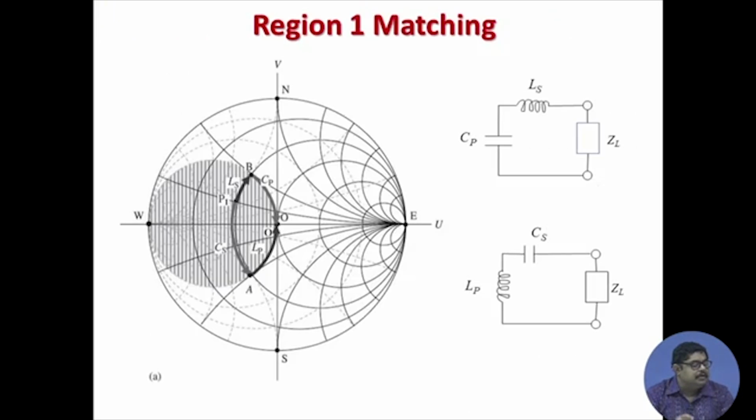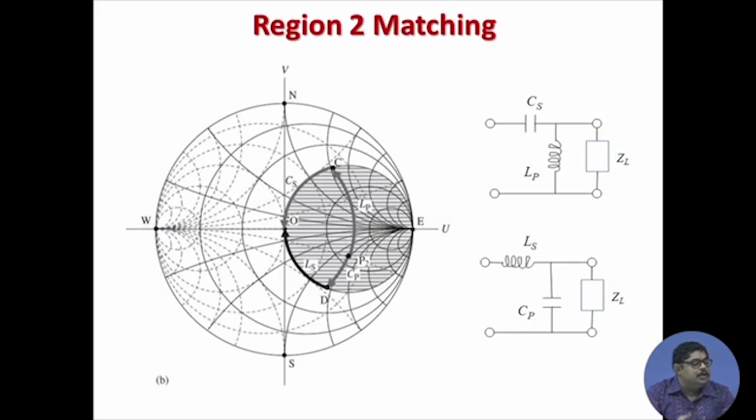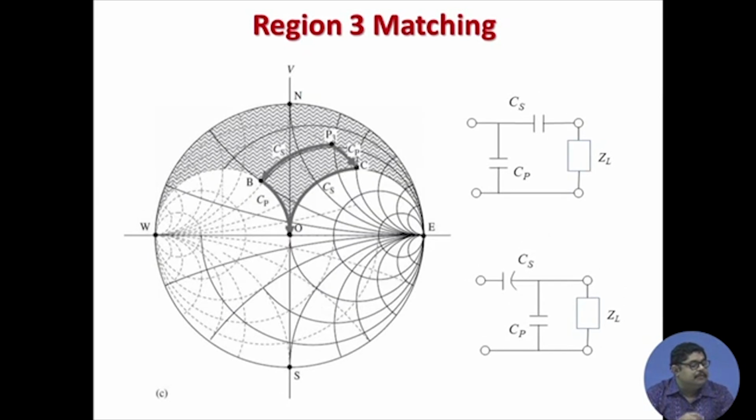From that, people have already found that for region 2 you have these 2 choices. Same thing for region 3: from P3 you can either come to C and then to O, or you can go to B and then O. Depending on that, there are 2 choices.